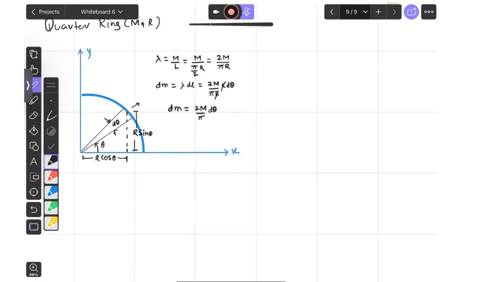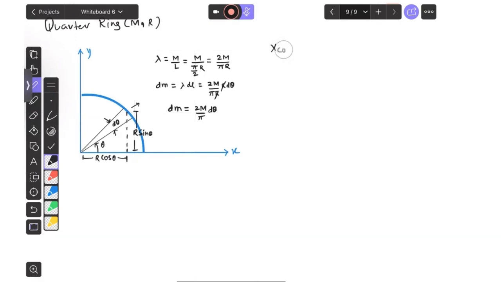So if I ask you to find xcm, it's going to be integral of x dm by m. That is r cos theta, and the dm that we have got here is 2m by pi into d theta, divided by m. Now we are going to integrate from 0 to pi by 2. Do the integral, simplify this, and tell me what it becomes.